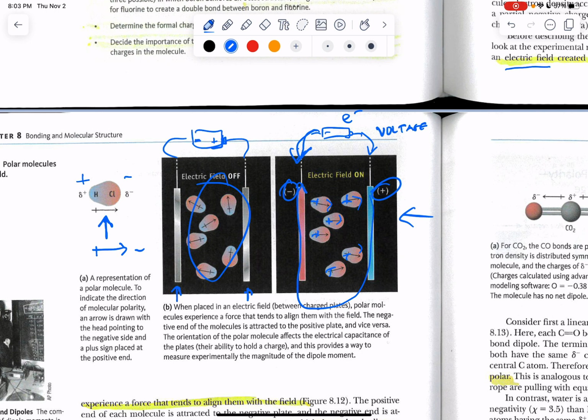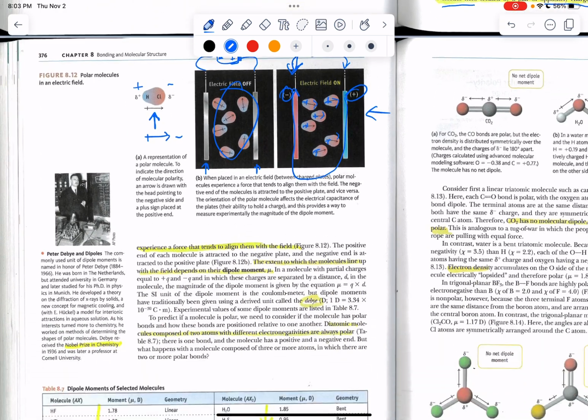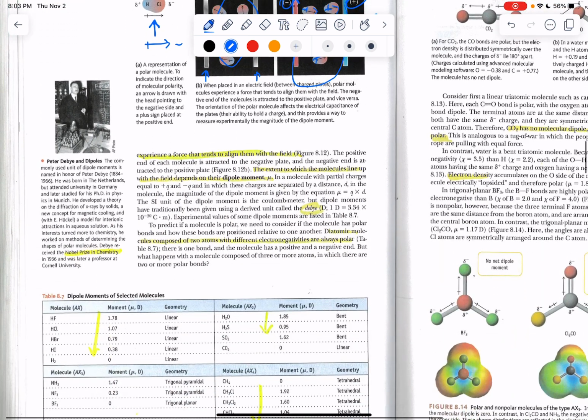We could find the voltage that is necessary to turn all the molecules so that they align themselves in the electrical field. It might take a lot of voltage, it might take very little, depending upon how polar the molecule happens to be. And that's a way of figuring out the relative polarity of all these different molecules.